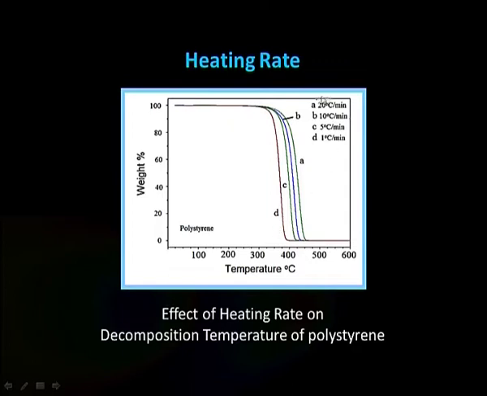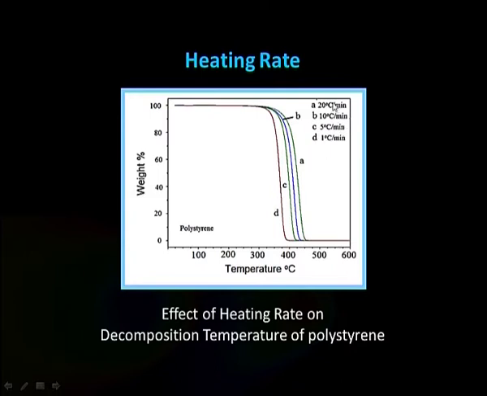These curves A, B, C and D represent the different heating rates by which we are causing the rise in temperature. In case A, it is 20 degrees Celsius per minute. In case B, it is 10 degrees Celsius per minute. In case C, it is 5 degrees Celsius per minute, and curve D is 1 degree Celsius per minute.